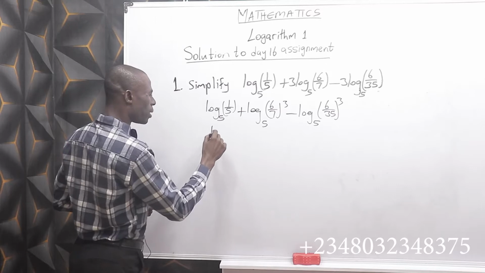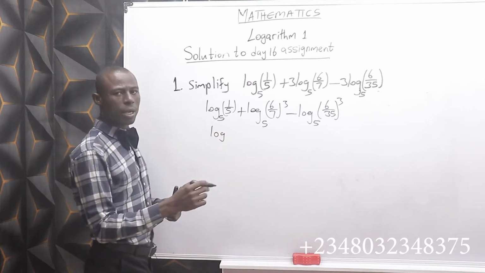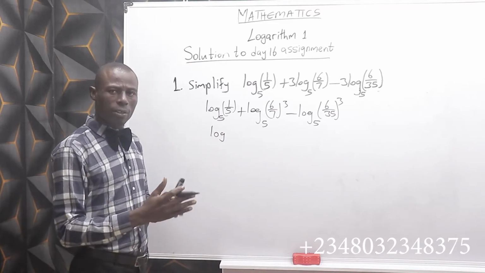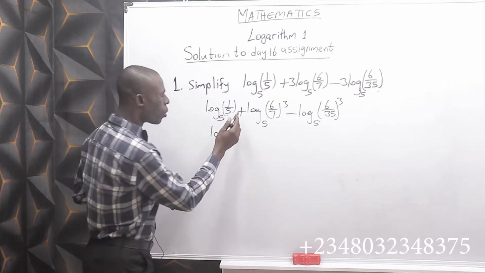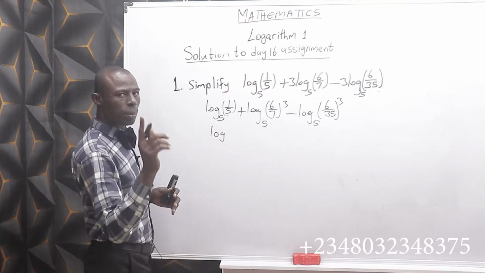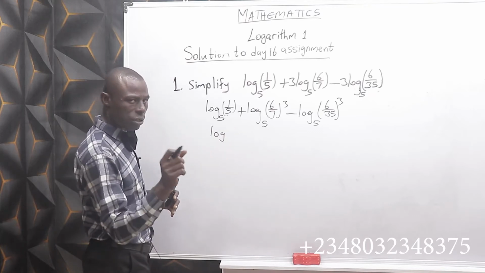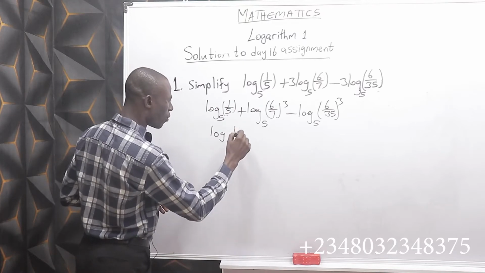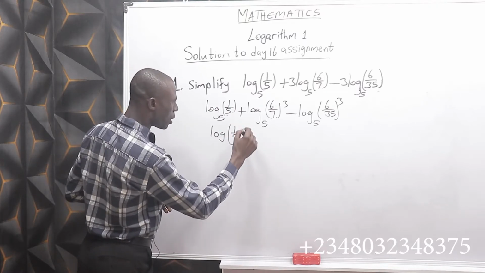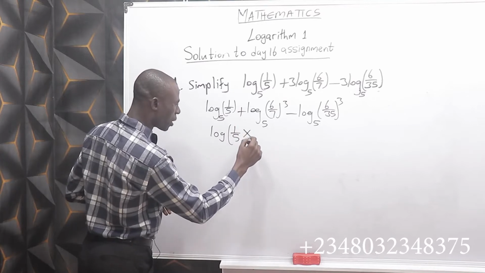Here, we apply the rules of logarithm. Don't forget, logarithm is the reverse or inverse of indices. So, in indices, multiplication changes to addition. In logarithm, addition will change back to multiplication. So, you have 1 over 5. In the place of addition, you have multiplication.